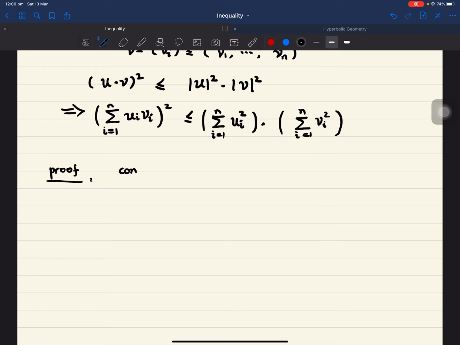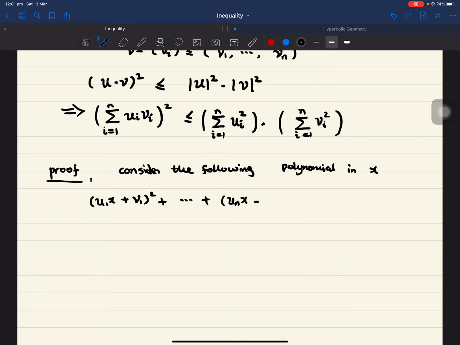We consider the following polynomial in x: U1x plus V1 squared, all the way to Unx plus Vn squared, and that is clearly greater than or equal to 0.